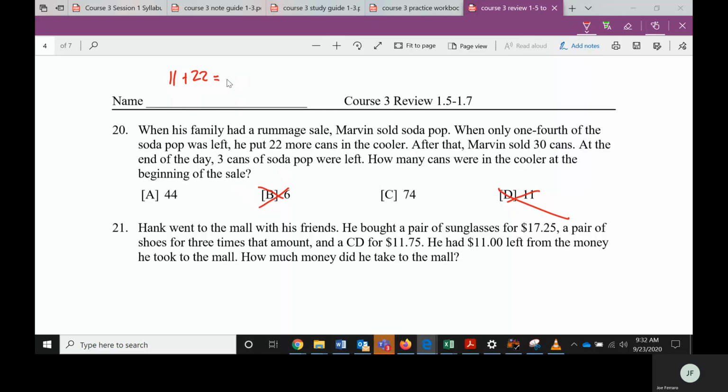After that, that gives you 33. And it says after that, he sold 30 cans and 3 were left. So this was if he started with 44. And that does actually equal what we're looking for. So the answer is 44.